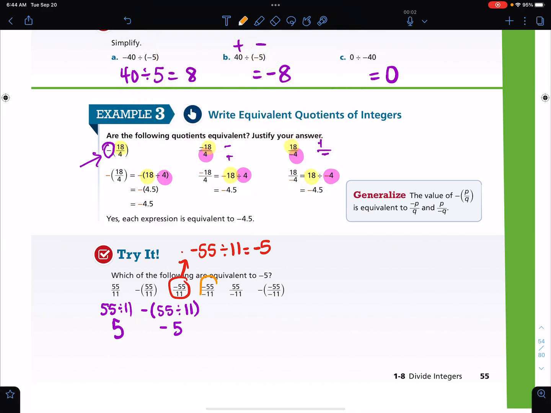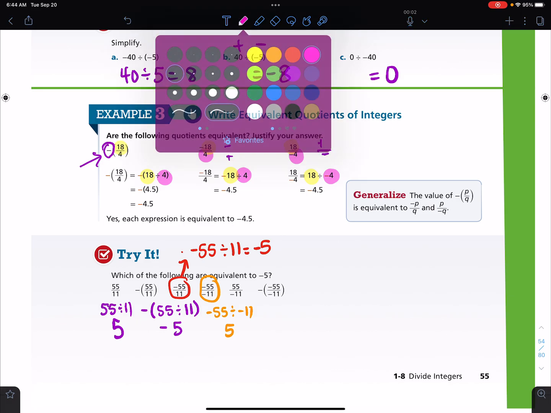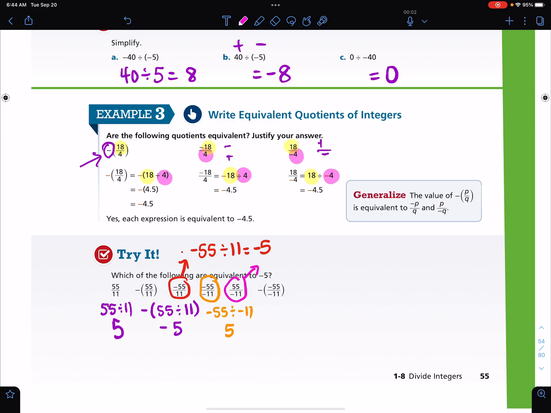Orange. This one would be a negative 55 divided by a negative 11, which will end up being a positive 5 because there are two negatives. A different color, this one. That's a positive 55 divided by a negative 11, so my answer will then be negative.